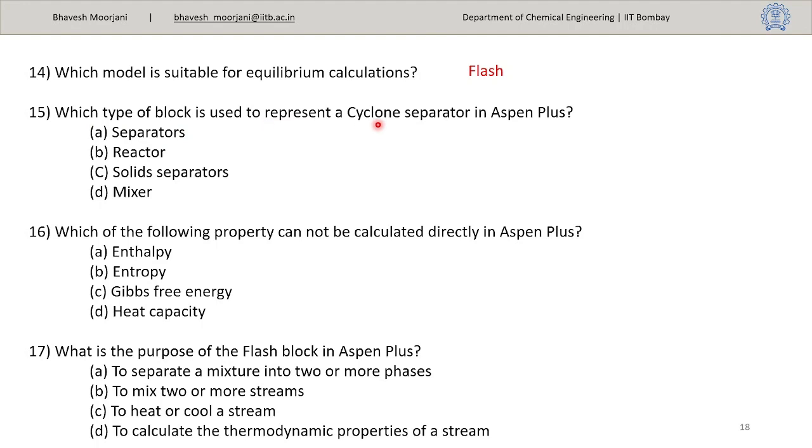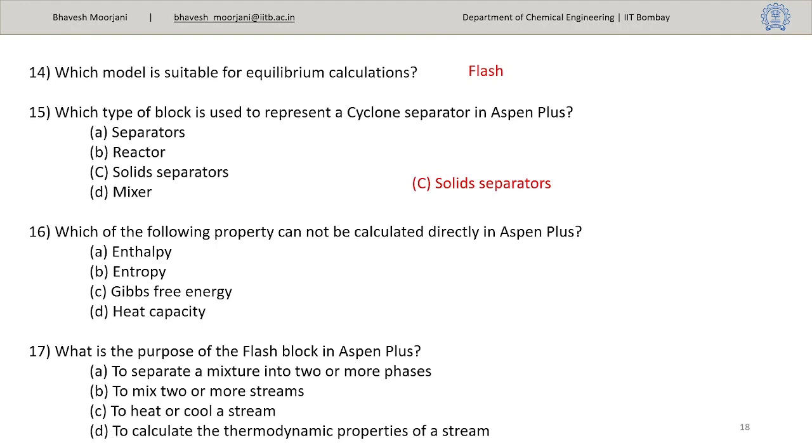Which type of block is used to represent a cyclone separator in Aspen Plus? So the cyclone separator will come under which category from this? Let me see. Solid separator. Yes, solid separators.